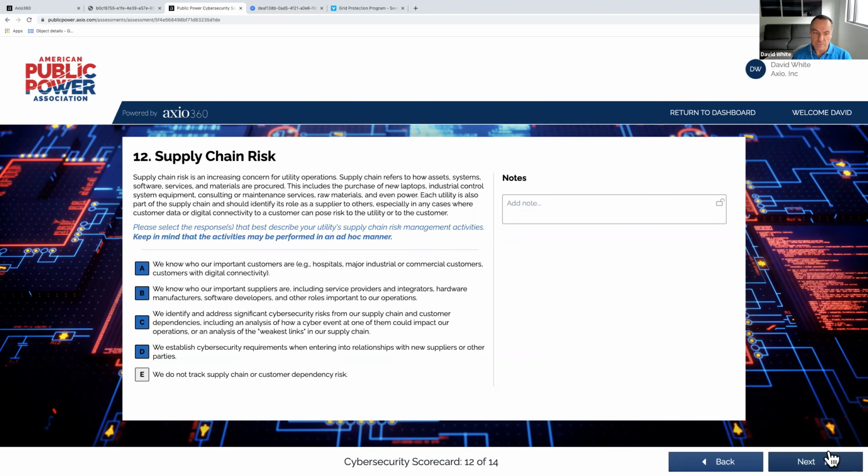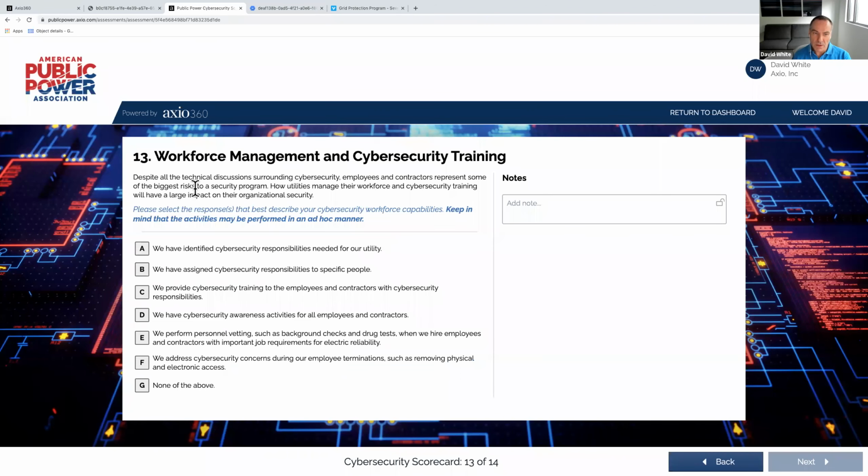Supply chain risk, workforce management and cybersecurity training. So this is about equipping your folks to be the front line as part of your protective measures, and also to make sure that you've got folks on staff, either as contractors or as employees, who understand how to operate cybersecurity, how to build a cybersecurity program, and put in place cybersecurity protection.